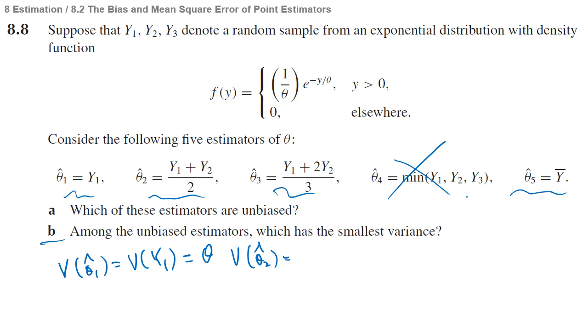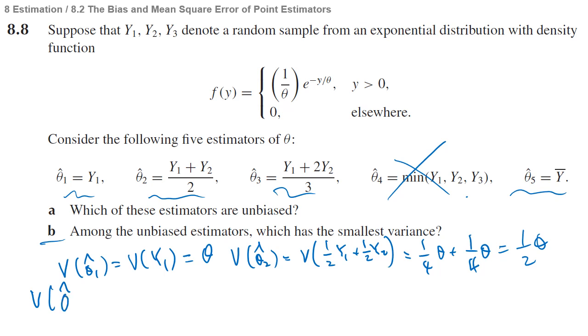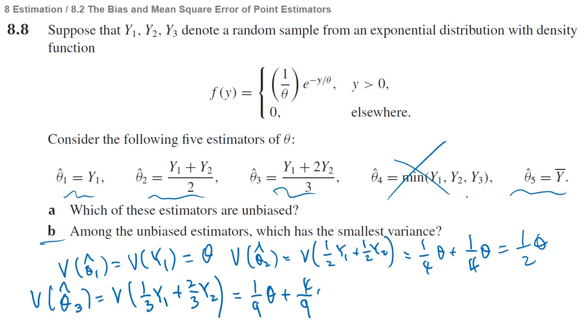This one is the variance of 1/2 Y1 plus 1/2 Y2. So it is 1/4 theta squared plus 1/4 theta squared, and so it is 1/2 theta squared. And the variance of theta 3 hat is the variance of 1/3 Y1 plus 2/3 Y2, and so this is 1/9 theta squared plus 4/9 theta squared, which is 5/9 theta squared.